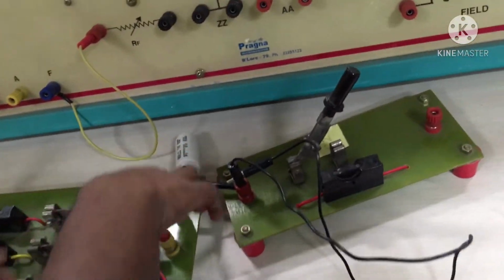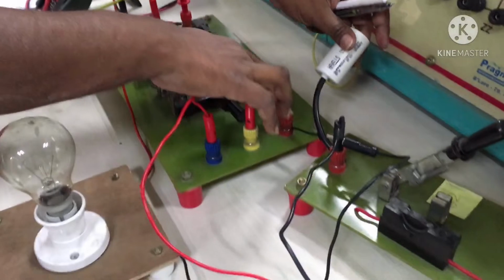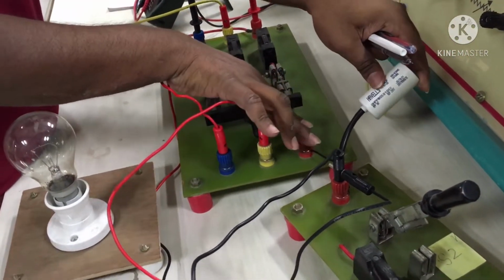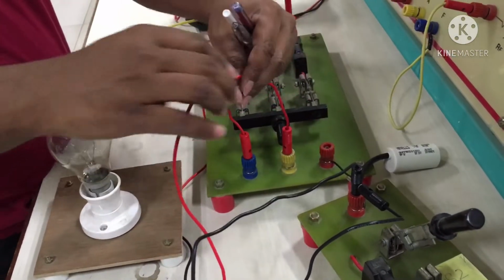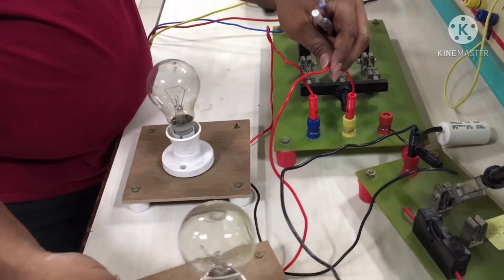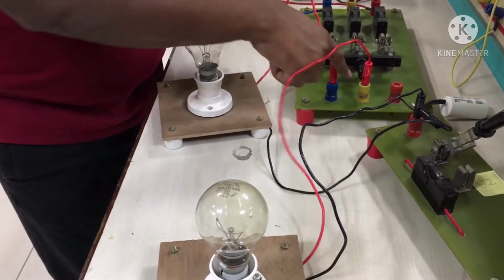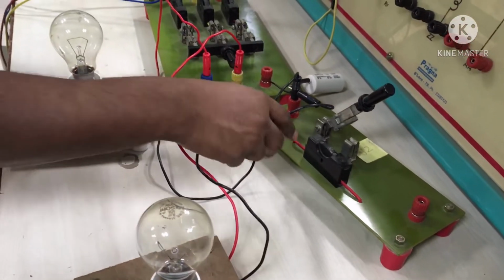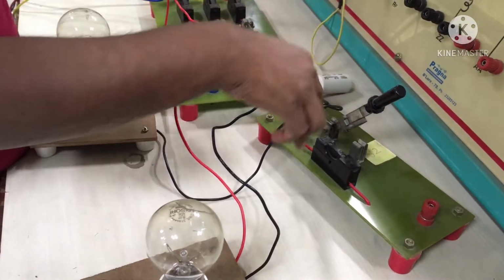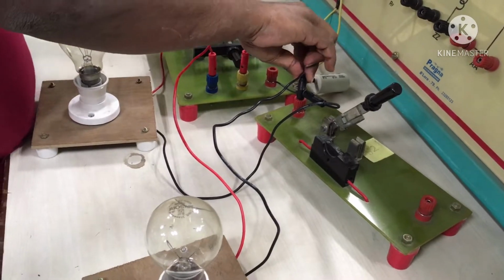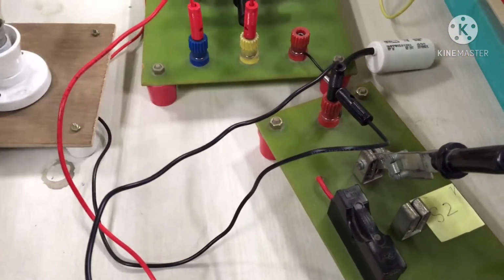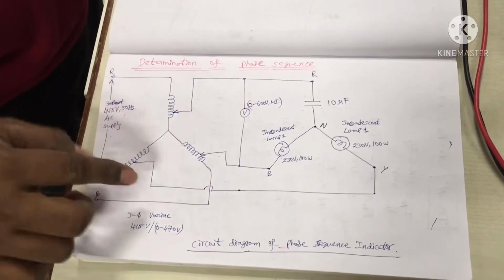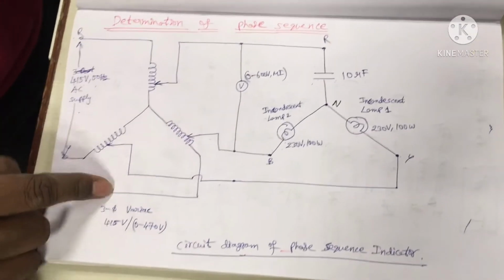For R phase, the R terminal is connected to one terminal of the 10 microfarad capacitor, and the Y terminal is connected to lamp 1, and the B terminal is connected to lamp 2, and the secondary terminals of the lamps and capacitor are connected at one fixed point. It is called a neutral point. We have made the connections using this circuit diagram.